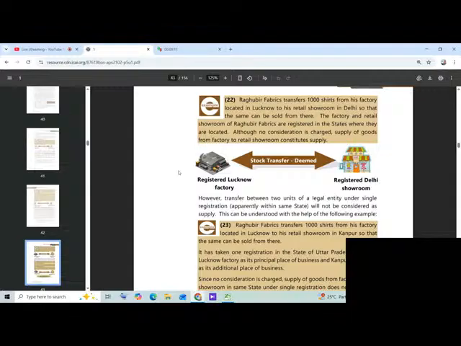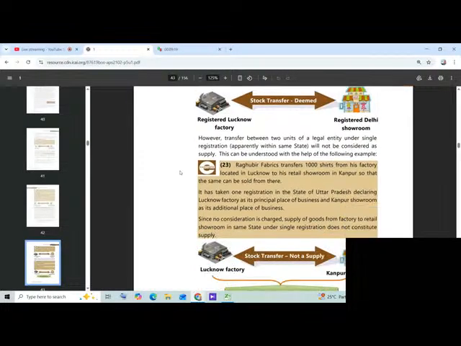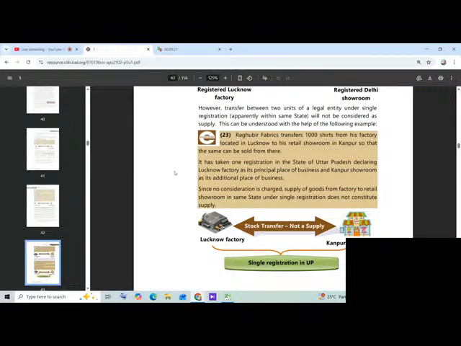However, transfer between two units of a legal entity under single registration, apparently within the same state, will not be considered as supply. This can be understood with the help of the following example. Raghubir Fabrics transfers 1000 shirts from its factory located in Lucknow to its retail showroom in Kanpur. It has taken only one registration in the state of UP, declaring Lucknow factory as principal place of business and Kanpur as additional place of business.